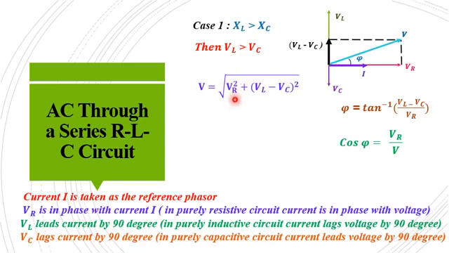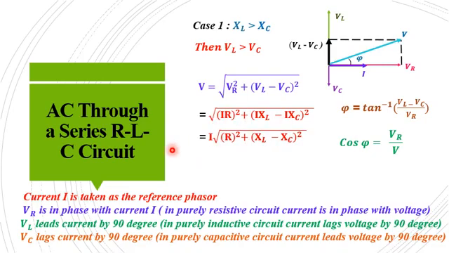Substituting for VR, VL and VC, V is equal to root of I into R square plus I XL minus I XC the whole square. Here I is common, so taking I outside, we can write V is equal to I into root of R square plus XL minus XC the whole square.